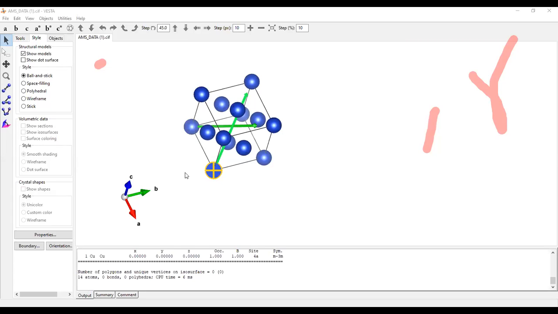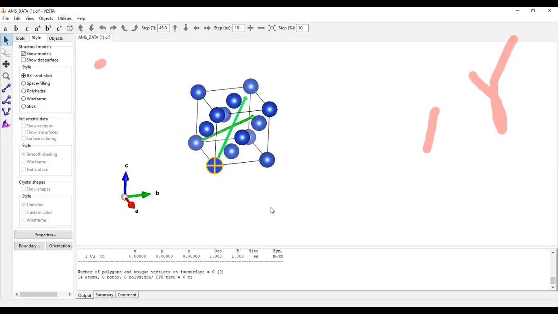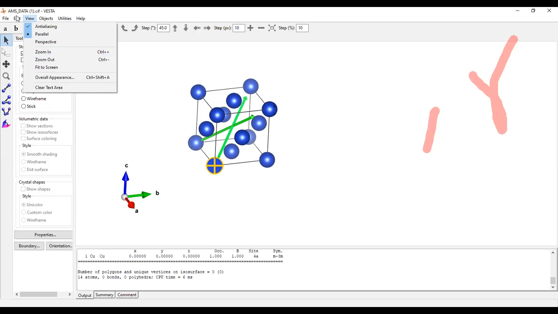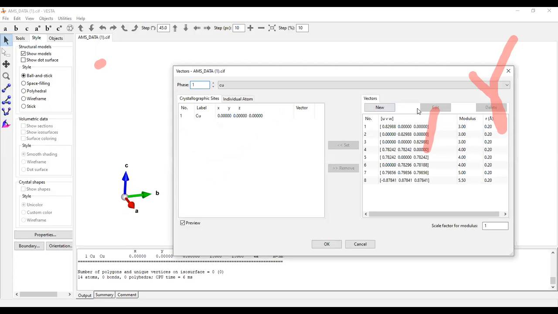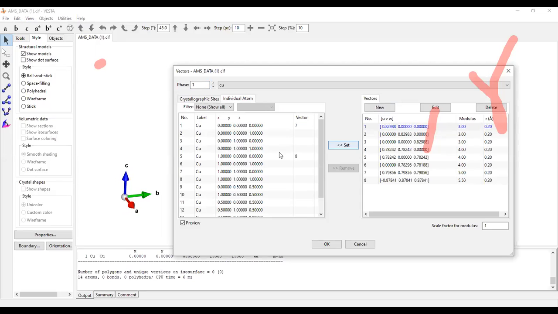Okay. So let me show you the planes, right? So let's remove these vectors first.